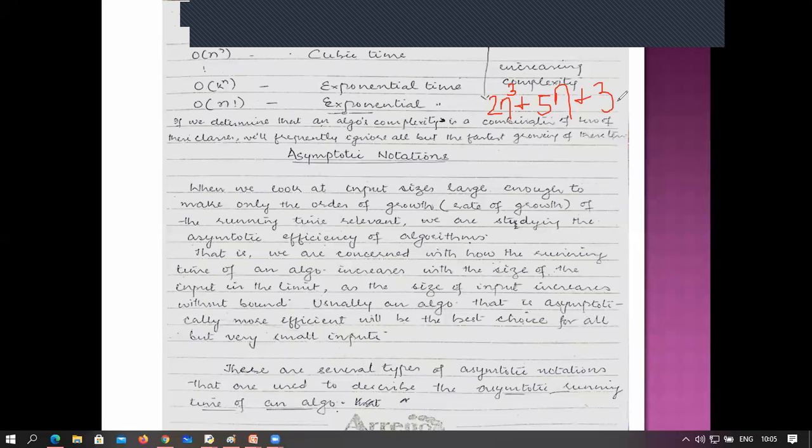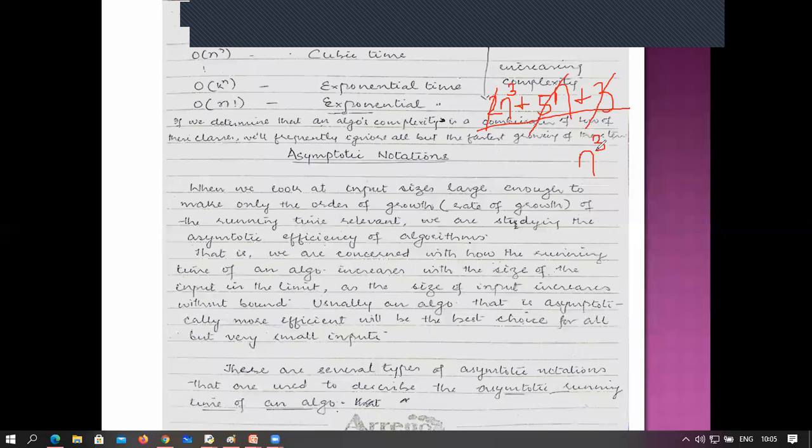If I ask you the complexity of this algorithm, you know that you don't need to take the lower order terms, and you don't need to take the coefficient of the highest order term. You will say that the complexity is n cube.